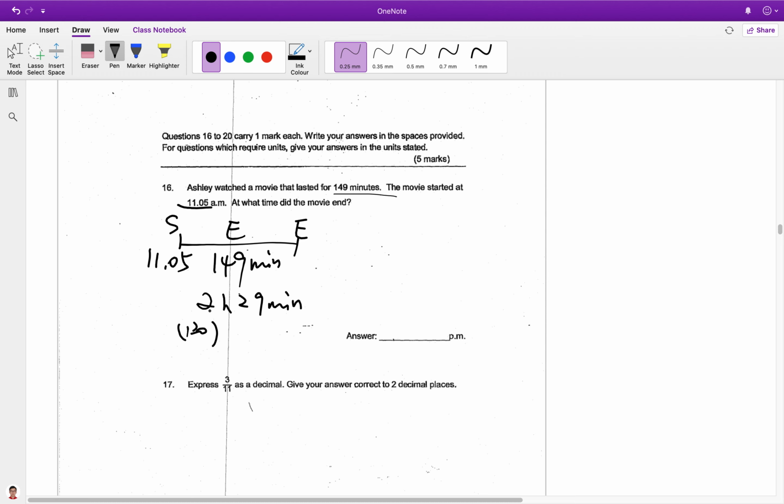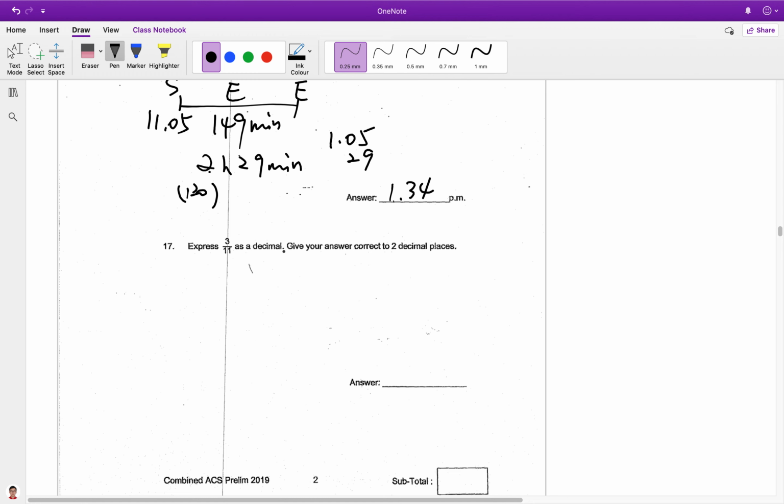So if we add 2 hours, it would be in the afternoon 1:05, right? Because 11 plus 2, 1 hour goes to 12, another 1 hour goes to the afternoon 1, right? So this one we add another 29 minutes. That gives 1:34 p.m., right?